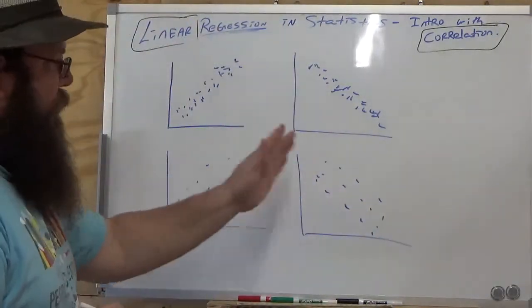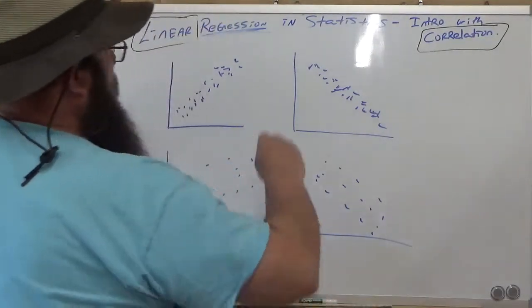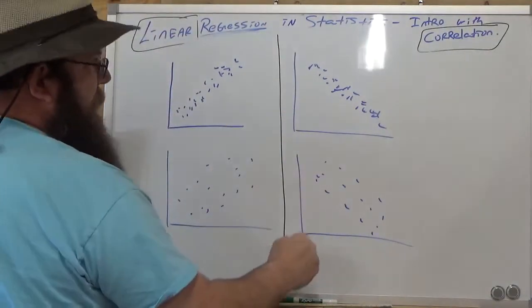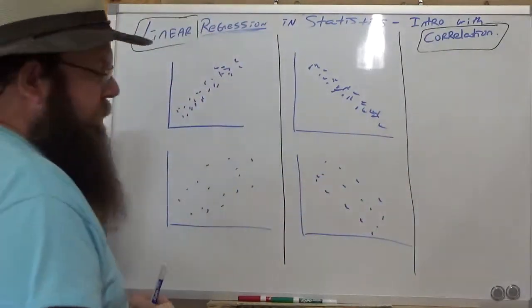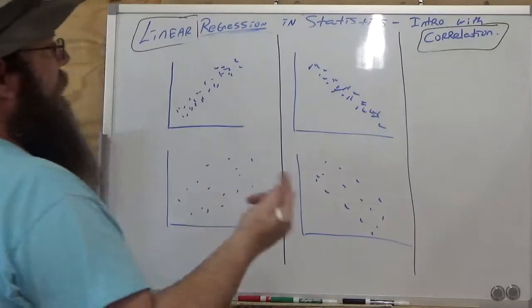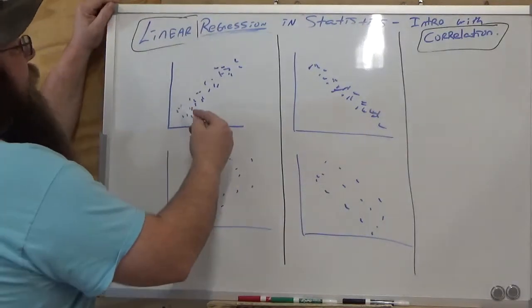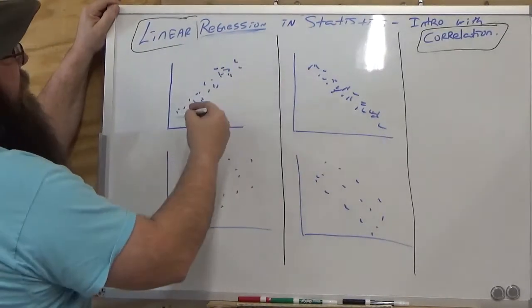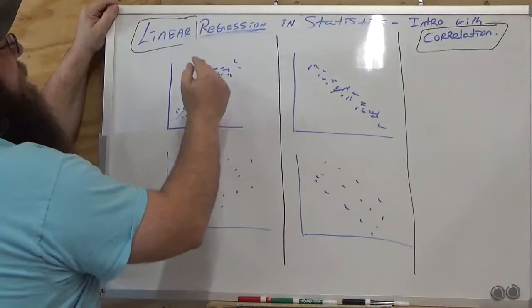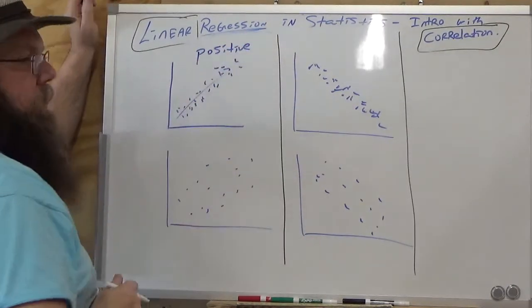And they're kind of grouped together. So if you look, I'm going to draw a line like this. I'm going to add another 1 or 2 there, so I'm leaving space to expand here in a second. Correlation. If I were to draw the line of best fit through here, if I were to draw the line of best fit through there, it would be positive. We would say this has a positive correlation.